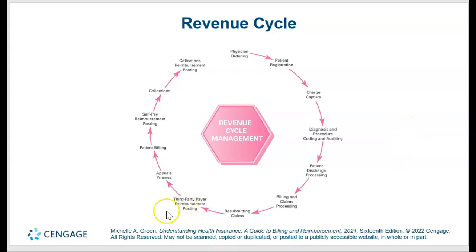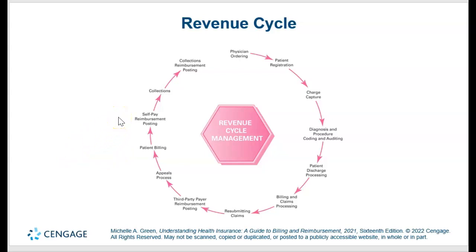Now, if there would be something possibly wrong with the claim, where Medicare denies it or Blue Cross Blue Shield denies it, this will then go into the appeals process. They're going to appeal that claim saying this is incorrect. How can you fix it? So sometimes this process may be skipped. Then we're going to go to patient billing. So whatever the insurance company pays, usually unless it's 100% no deductible, the patient's going to get billed for some of that.